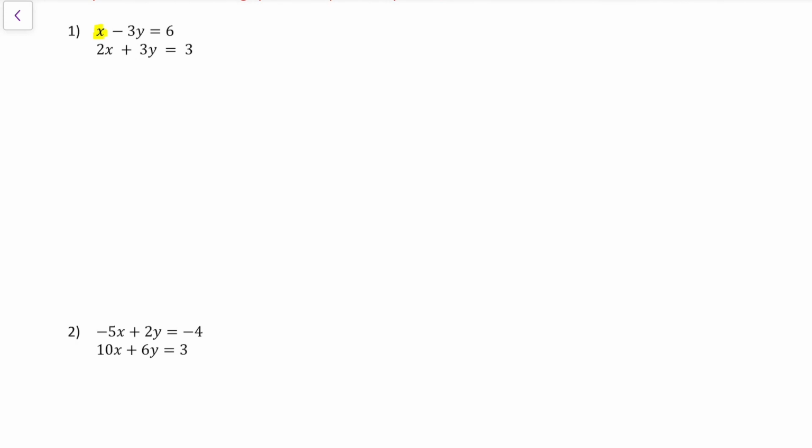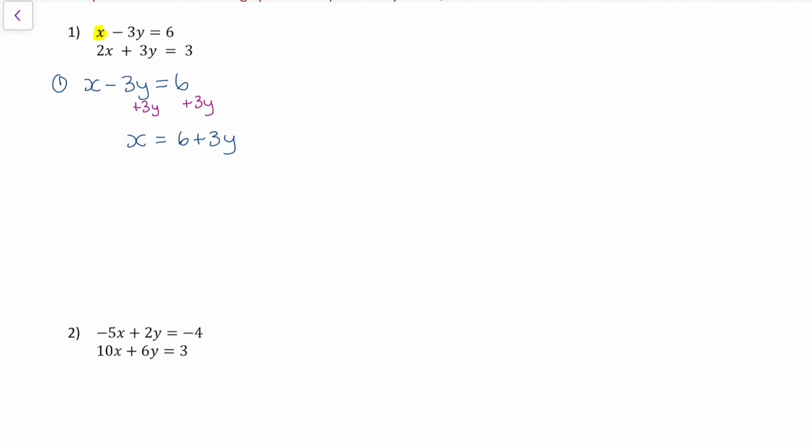So I'm going to take that equation, x minus 3y equals 6, and I'm going to solve for x, or get x by itself. To do that, I'm going to add 3y to both sides. And so I get x equals 6 plus 3y. So now I've solved for x.